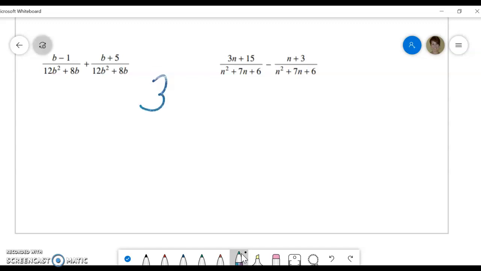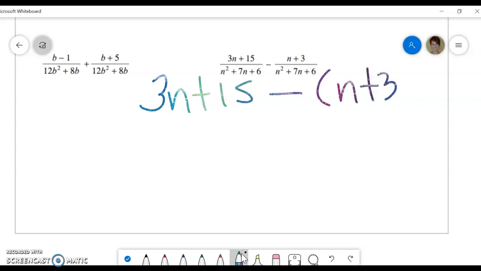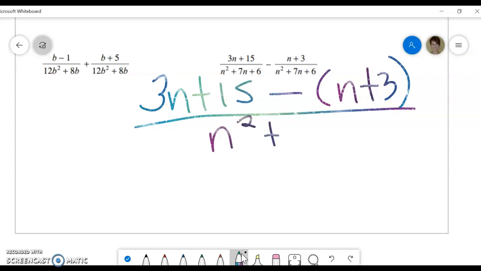So I'm going to write 3n plus 15 minus n plus 3 all over n squared plus 7n plus 6. Once again, the denominators are strictly the same. We will not be moving into different denominators until next week. So we're really going to focus on letting you have a chance to get this part right. So right now, I have to remember that I am subtracting n and I'm subtracting the quantity.